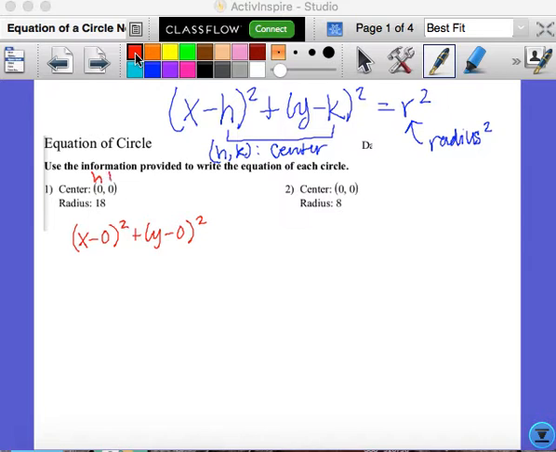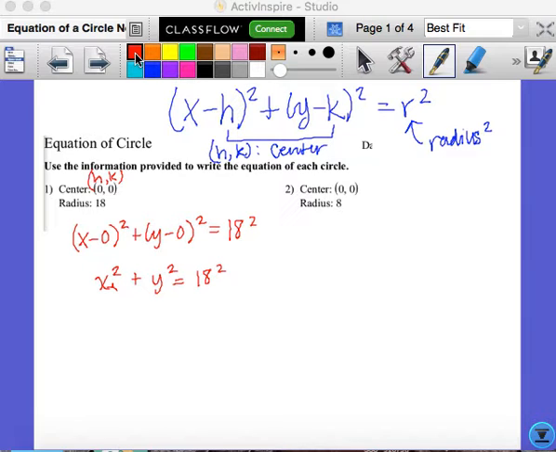So again, that's coming from my h and k, should equal my radius squared. Now since those two parentheses have minus 0, technically that's just x² + y² equals whatever we get when we square 18. So we do want to figure out what that number is and then go from there.